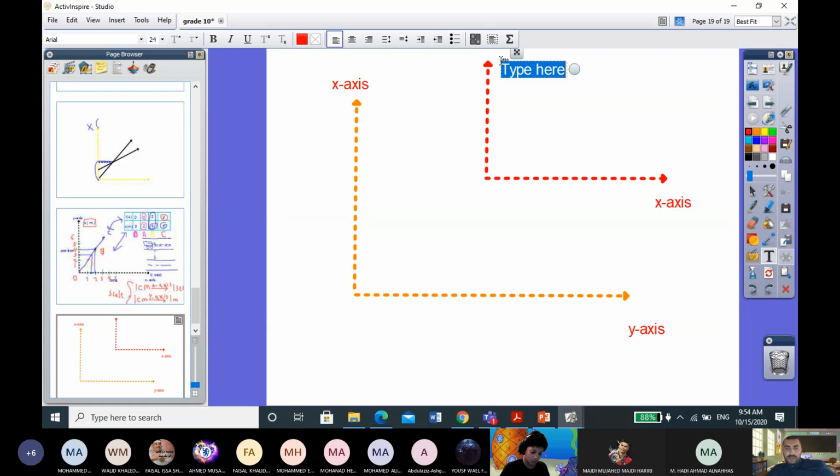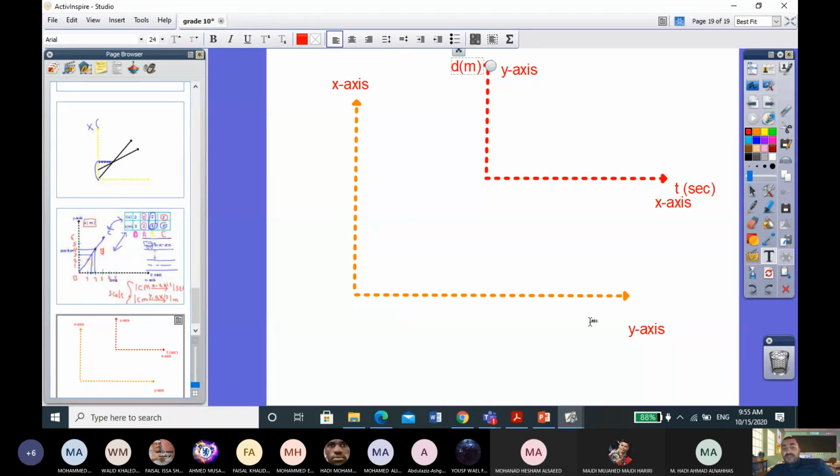Yes, guys, but if you see this, it does not mean that here we always have the time axis, t in seconds, and here d or x in meters. So this is what you see always.